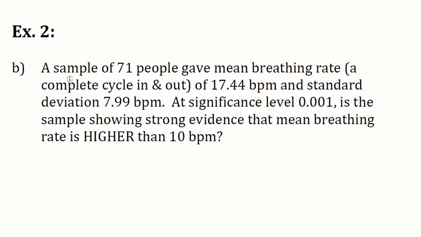My point is that since part A, we never knew any information regarding the beginning population where we selected this sample from. We didn't know the population mean, we did not know the population standard deviation. And so as a consequence, the standard deviation written in our problem is only part of the description of this current sample. So this standard deviation is only a sample standard deviation value. It cannot be used as a sigma.